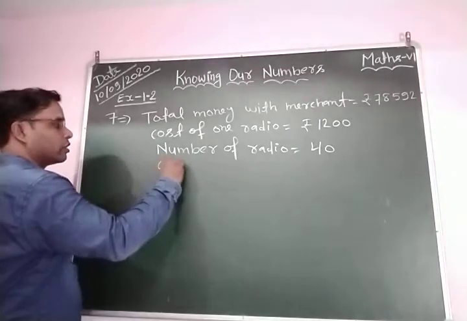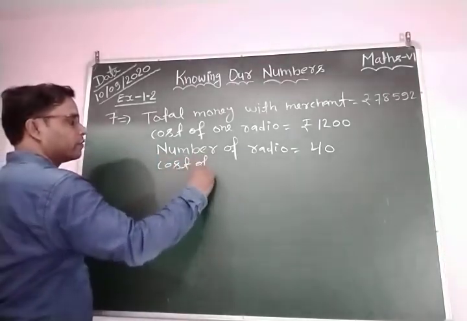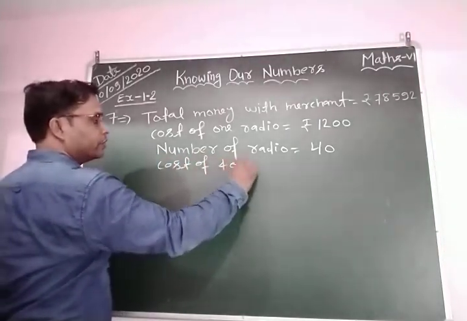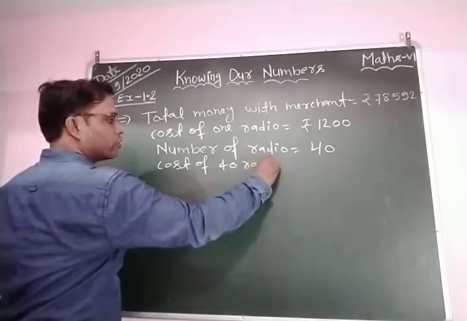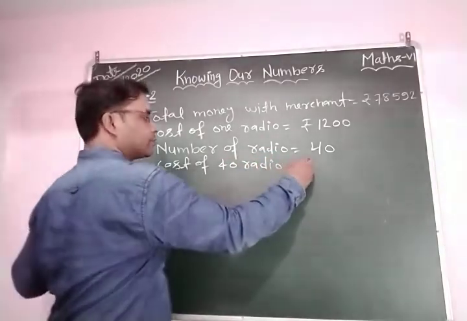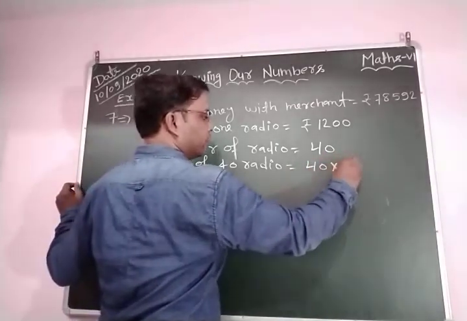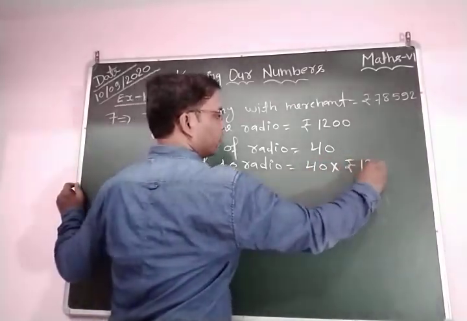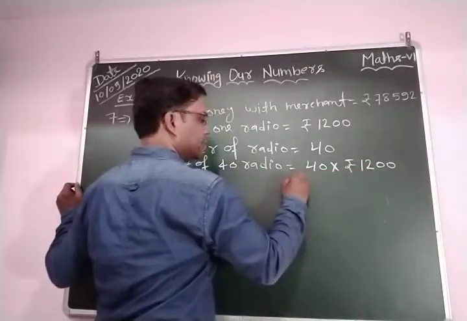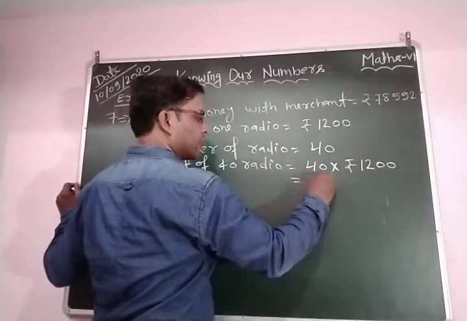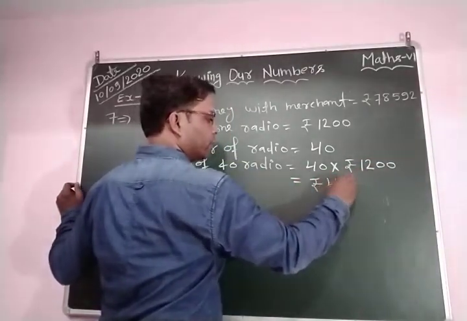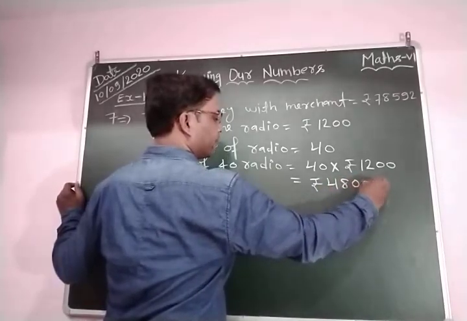So the cost of 40 radios is equal to 40 into the cost of one radio, this is 1,200. In this way we obtain here the cost of 40 radios is equal to 48,000 rupees.